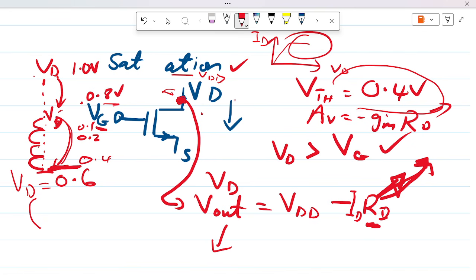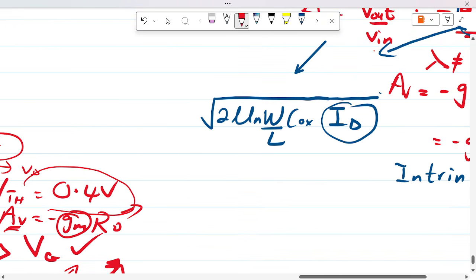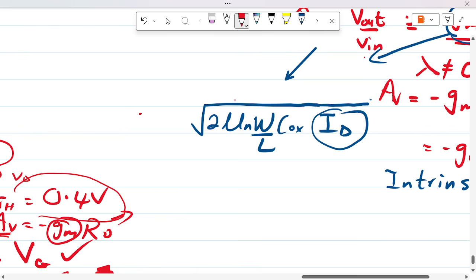So assuming I also tried increasing GM to get more gain, the same condition happens. That's if I decided to increase GM by increasing ID. But there's another way out. Taking the formula for GM, okay, I want to be sure I got this formula right, so let me just try and prove it again.